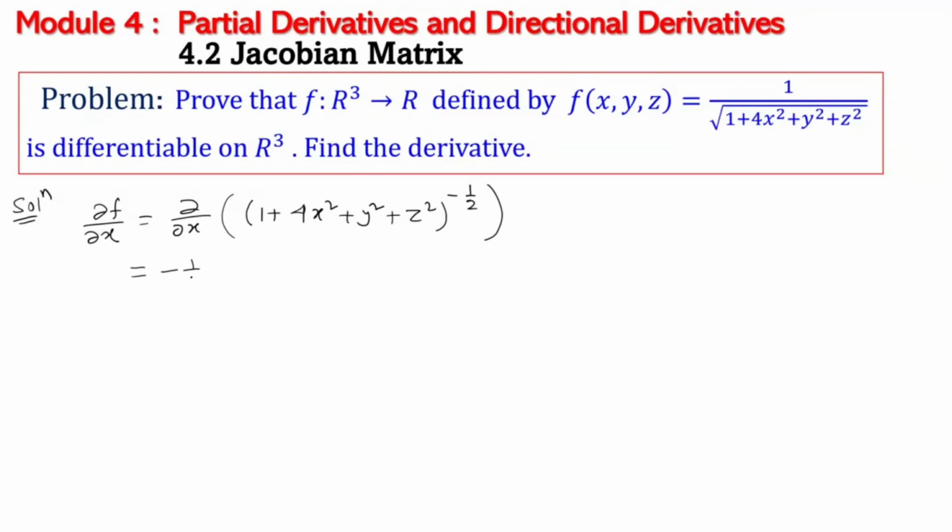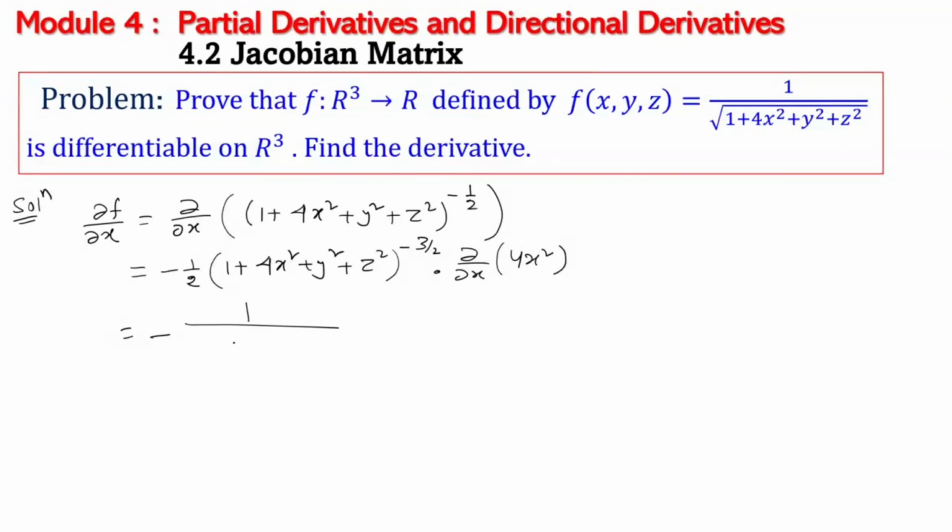This is equal to minus half times (1 plus 4x squared plus y squared plus z squared) to the power minus 3 over 2, and the partial derivative of 4x squared is 8x.